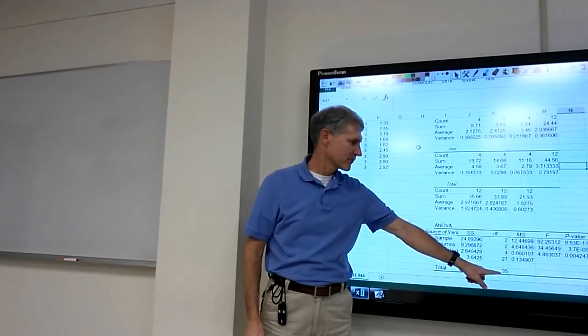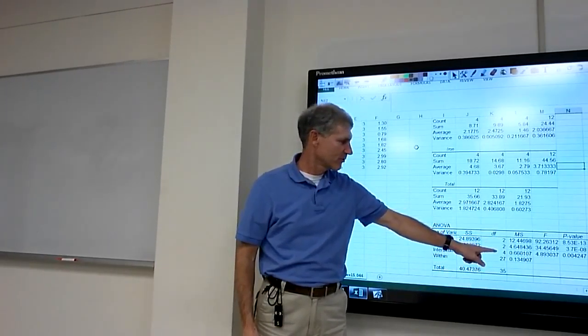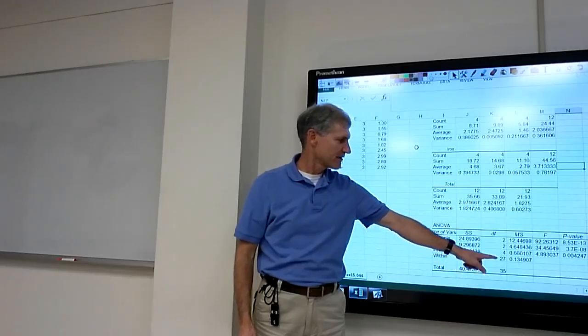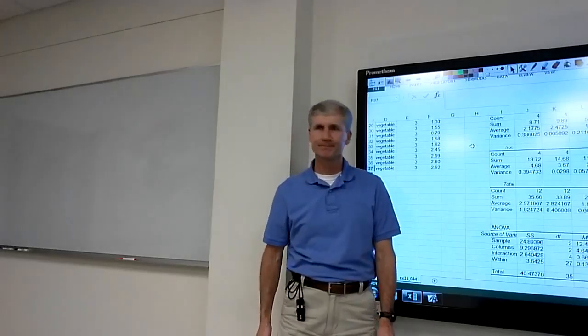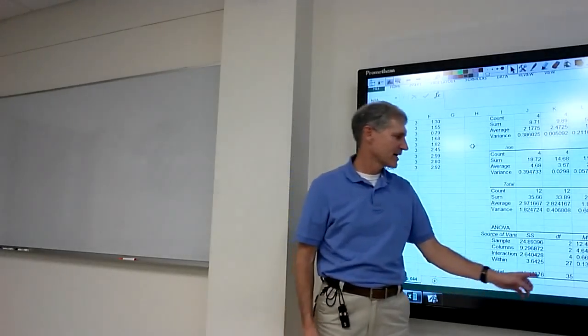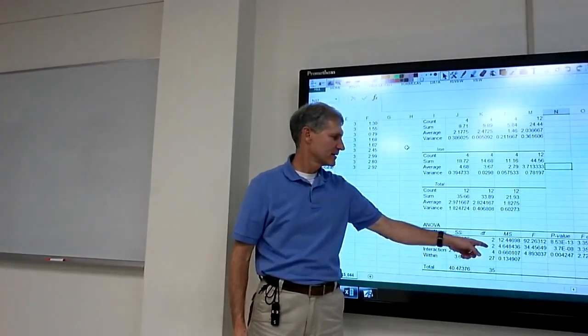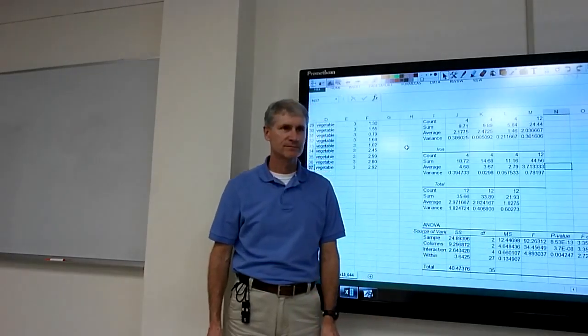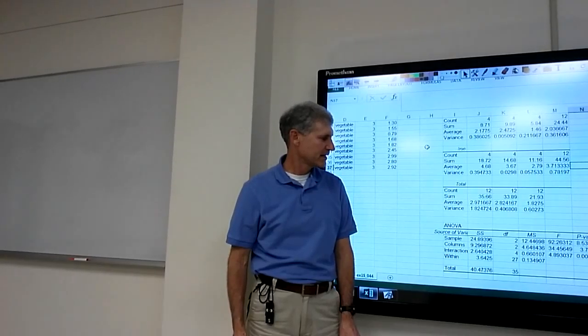So 35 degrees of freedom. And then 2, 2, and 4 subtracted from 35 leaves you with 27 degrees of freedom for error. Okay? But you could also get that by 36 minus I times j. So 36 minus 9.